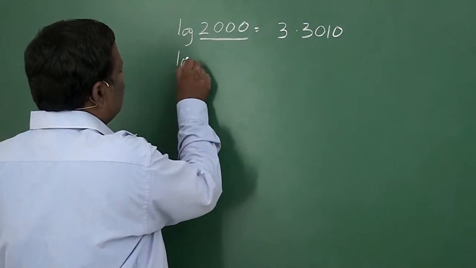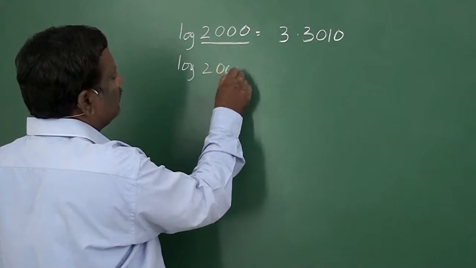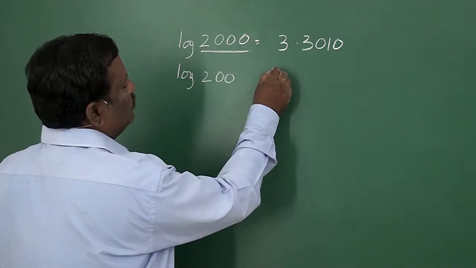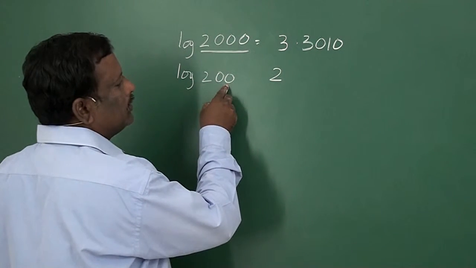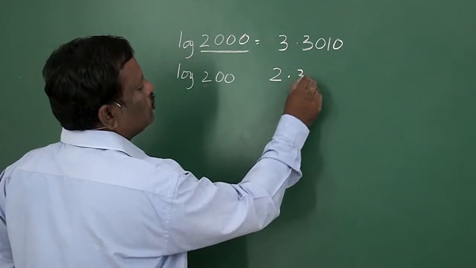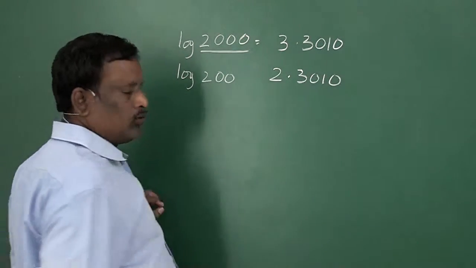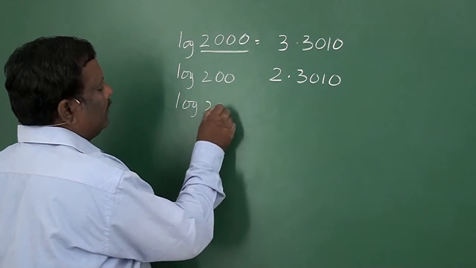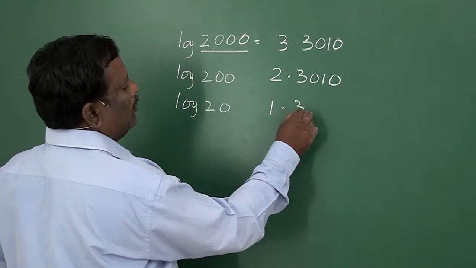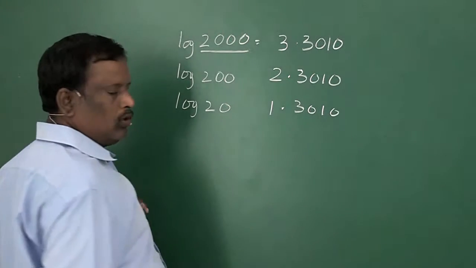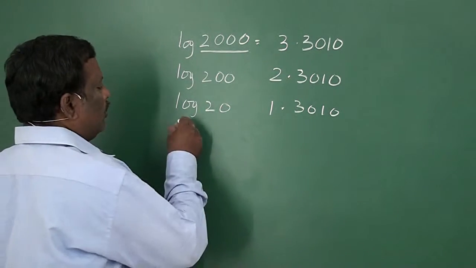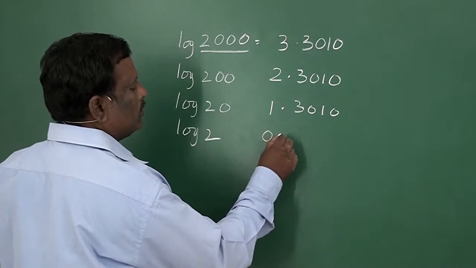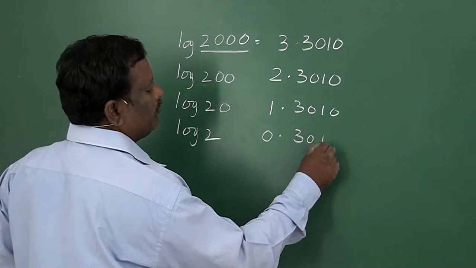If it is log 200, the characteristic is 2 because 3 digits are there, and its value is 2.3010. If it is log 20, the characteristic is 1, the mantissa will be the same, 3010. Now log 2: for log 2 the characteristic is 0, but the mantissa will be the same.